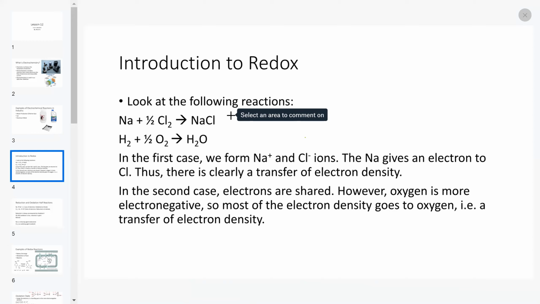But what you have to notice is that in the water molecule, we have oxygen, which is a very electronegative element, and we have hydrogen, a much less electronegative element. So the oxygen atom really has most of the electrons in the water molecule. So we can consider electron density moving from the hydrogen atom to the oxygen atom. So again, we have this transfer of electron density.